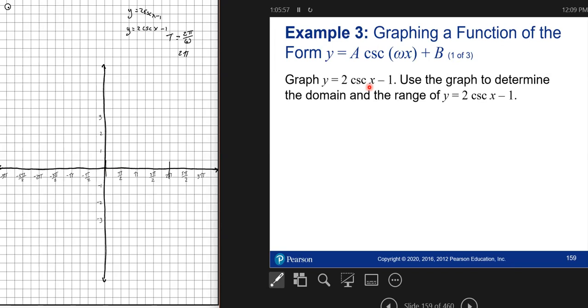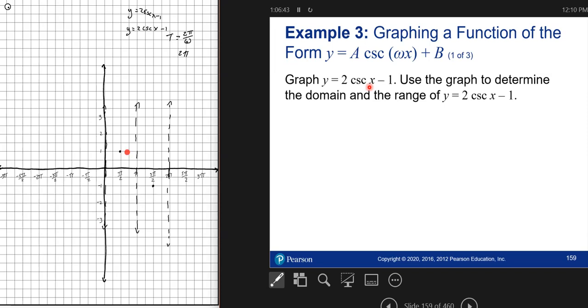So cosecant is 1 at pi/2. Cosecant is -1 at 3pi/2. Sine is 0 at pi, so I have a vertical asymptote here. Sine is 0 at 2 pi, so I have a vertical asymptote here. And it's 0 at 0 as well, so I have a vertical asymptote here. So wherever sine is 0, we have a vertical asymptote for cosecant.